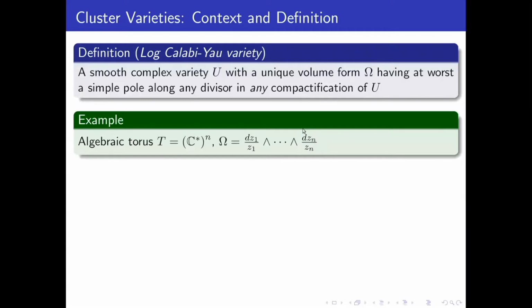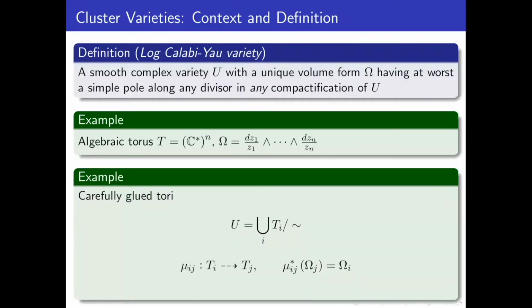For any other possible toric divisor, you'll have to do some change of coordinates, but it's not so difficult to see that omega will have exactly a simple pole along all of your torus invariant divisors.